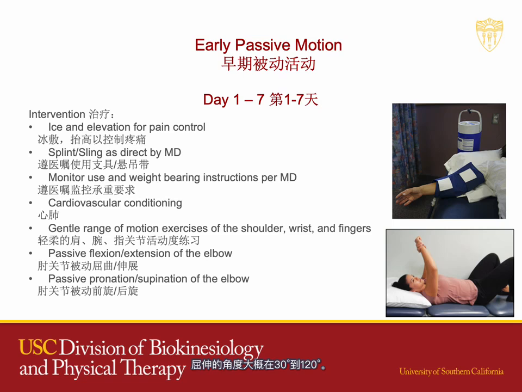You are kind of thinking more like 30 degrees to maybe 100, 120 degrees of flexion to extension. So the extension, again, is about 30 degrees of flexion. For supination and pronation, the goal is to get to about 50 degrees of supination and 65 degrees of pronation. But again, if they've had the radial head fracture and fixation, you might be going a little bit more slowly with those motions initially.